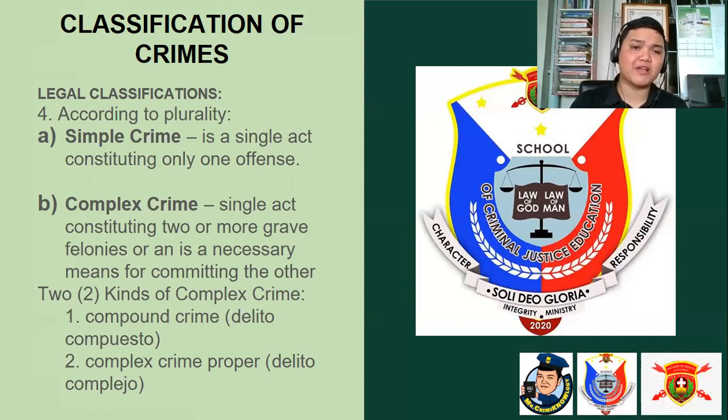So two kinds of complex crime. We have compound crime, delito compuesto, and complex crime proper, delito complejo. Yan ang dalawang classification ng complex crime. So may single act ka, pero na-produce ka ng dalawa o higit pa na mga grave felony. Kaya complex ang tawag sa kanya.